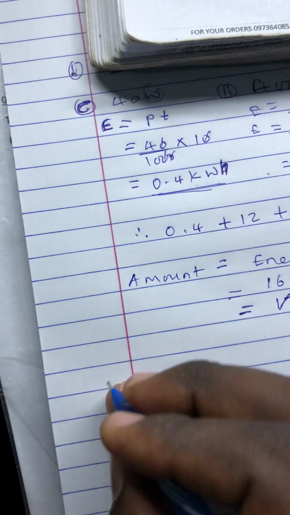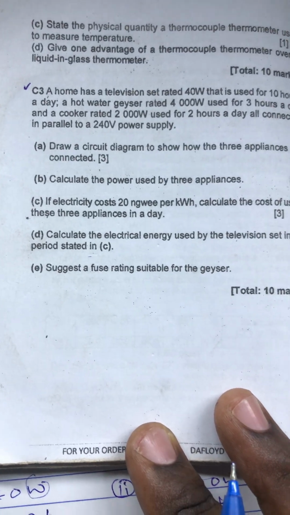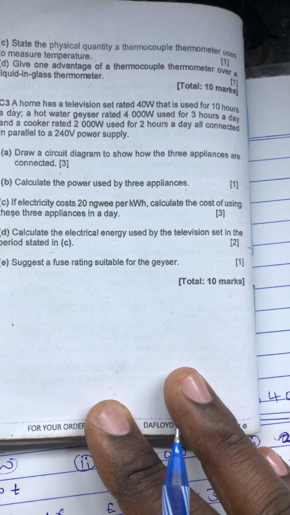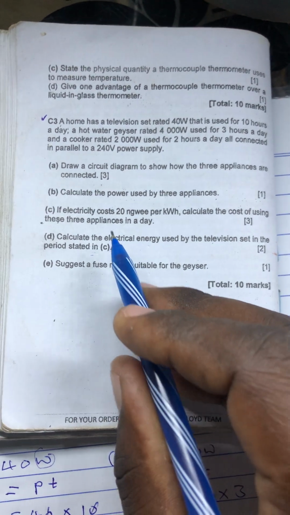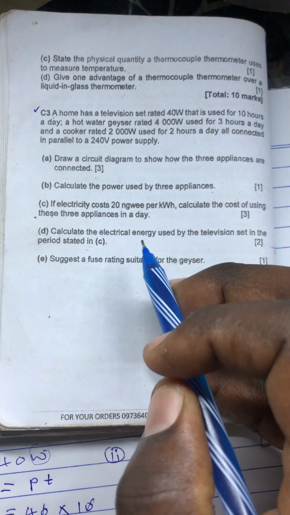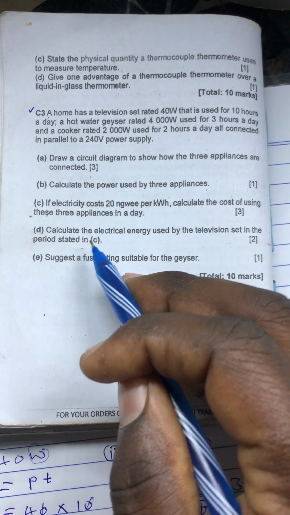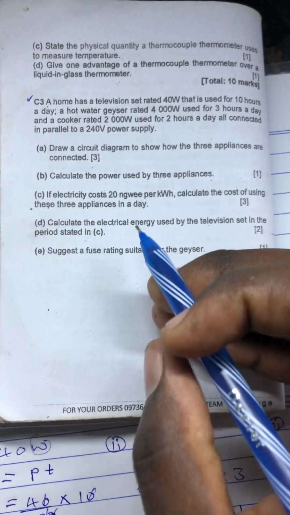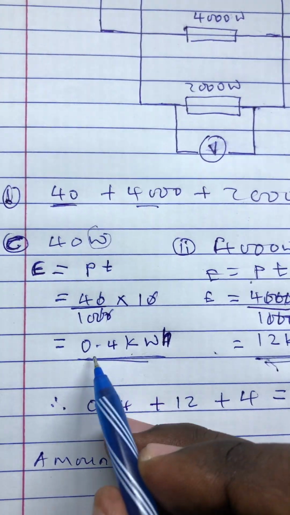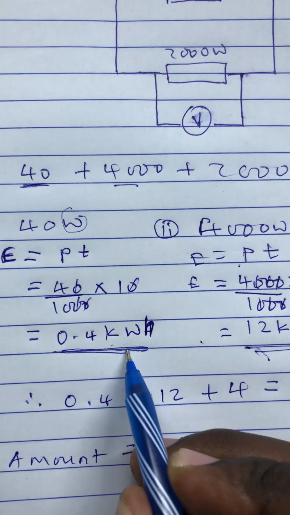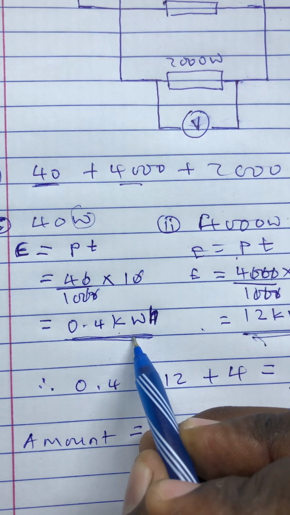Let's move on to D. Calculate the electrical energy used by the television set in the period stated in C. We want to calculate the electrical energy used by the television, which we have already calculated. The energy that the television set used was 0.4 kilowatt hour.